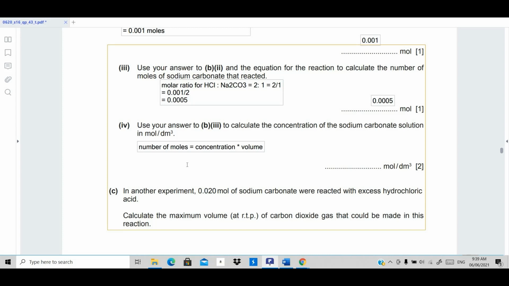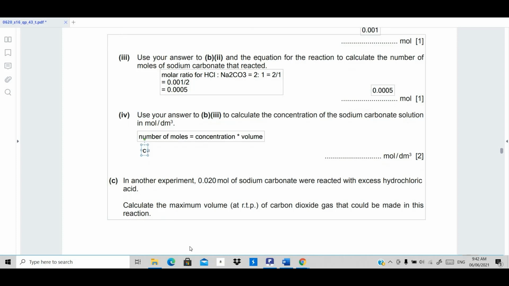Now we need to just rearrange the equation so we can get the exact thing. Basically, we are finding the concentration of the sodium carbonate solution. So now we can rearrange the equation.